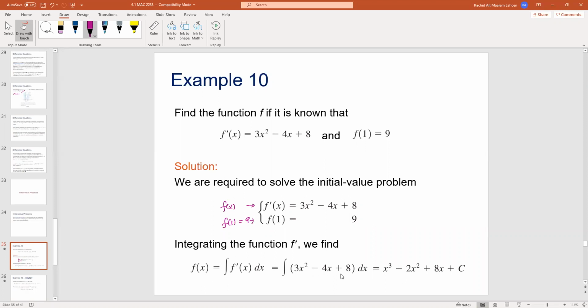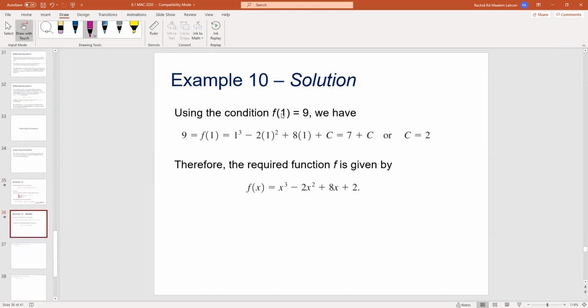So we do the antiderivative. We find the general formula for the antiderivative. Then we use f of 1 equal 9, which means substitute 1 for x, and equal to 9, which will give us c. So we get 7 plus c equal to 9.